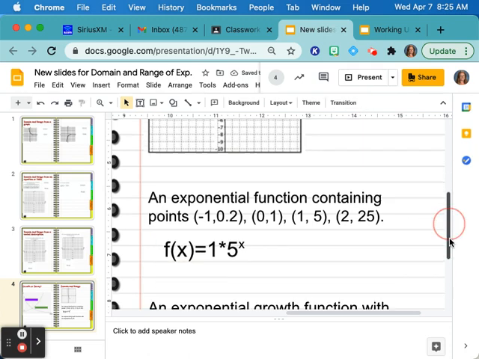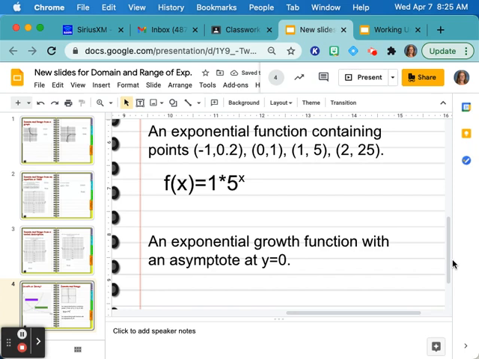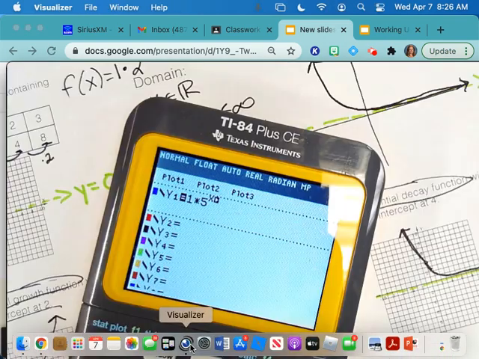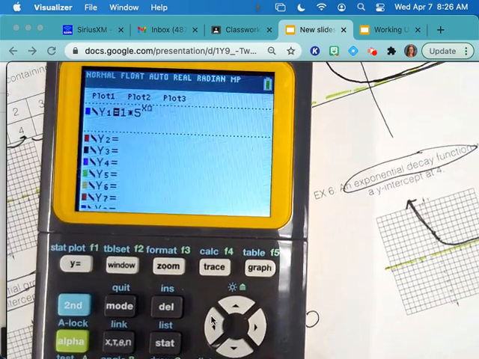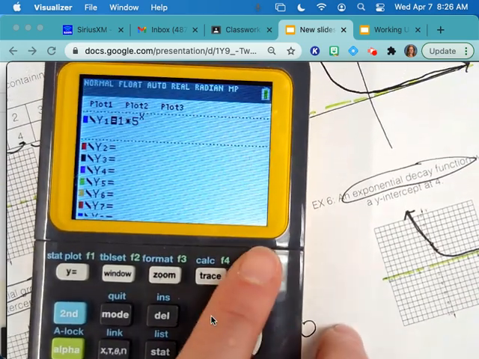So let's graph this in our calculator to see what it looks like. Go to y equals, plug it in, 1 times 5 raised to the x. Let's look at the graph.